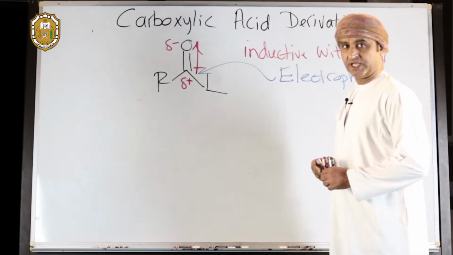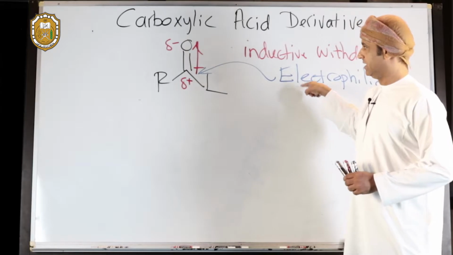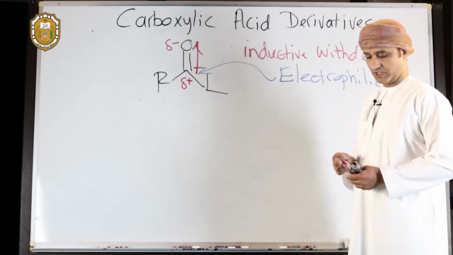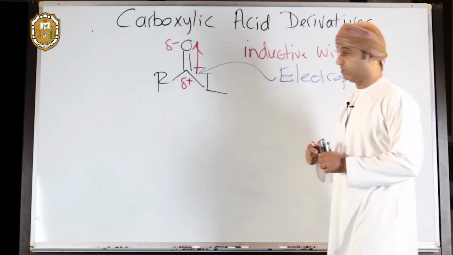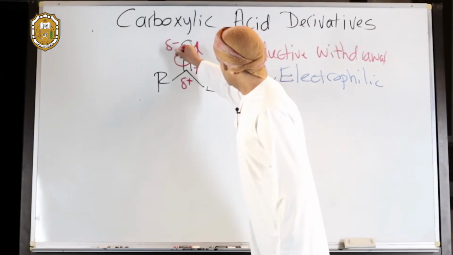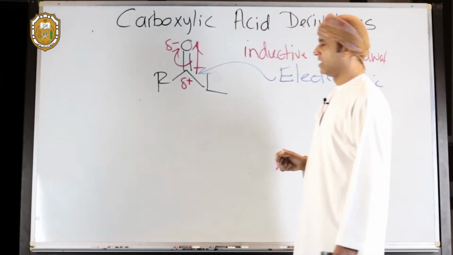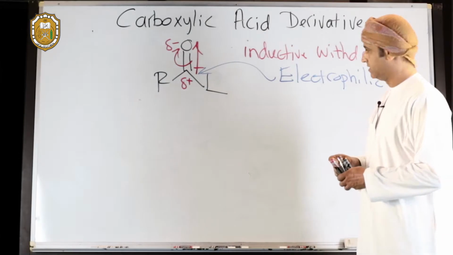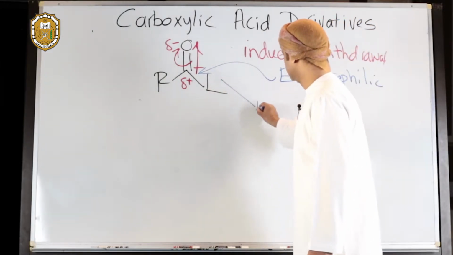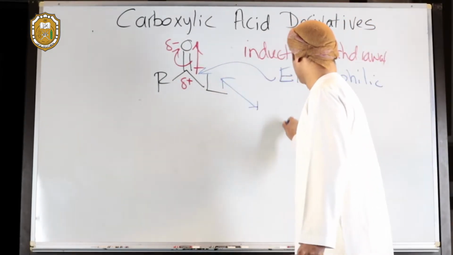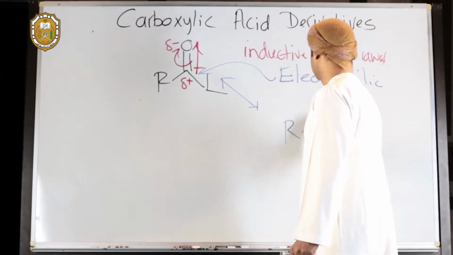That carbon is not only electrophilic because of inductive withdrawal or inductive effect, it's also electrophilic due to resonance. That carbon-oxygen bond can be broken to give another resonance form, something like this.